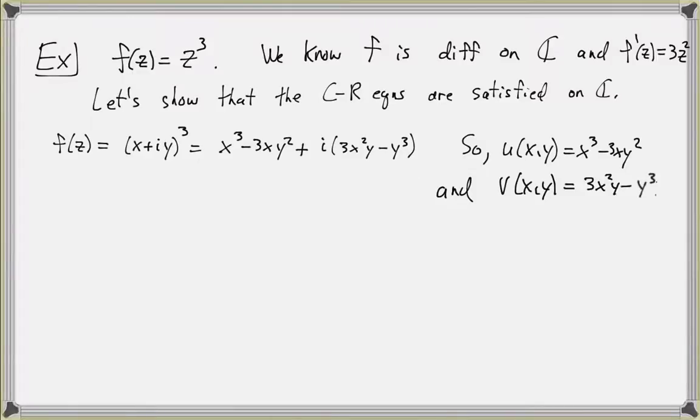So I take the derivative of u with respect to x, I get 3x squared minus 3y squared. The derivative of u with respect to y will be negative 6xy.